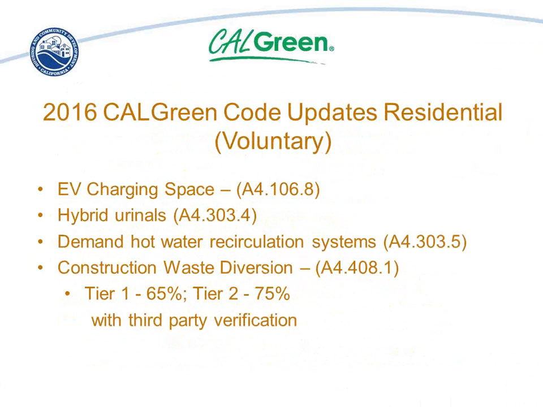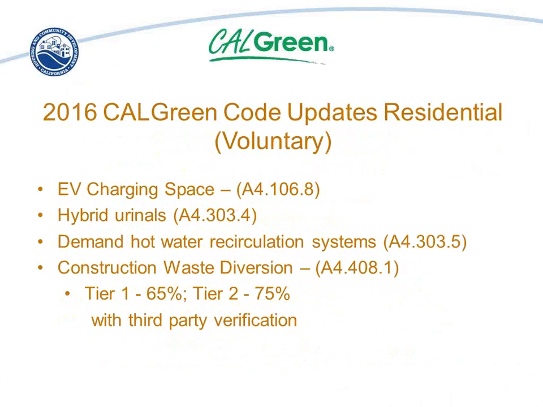Some changes that we made in the voluntary measures. We made terminology changes to the electric vehicle charging section. Stoyan adopted some new definitions in there to coordinate with Division of State Architect. We added a provision for hybrid urinals, recognizing those as a non-water use urinal.